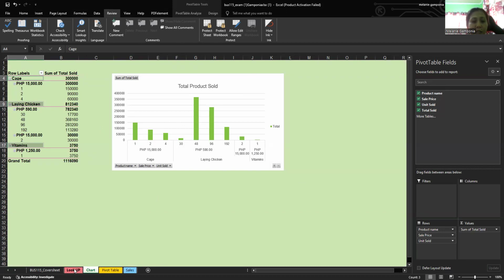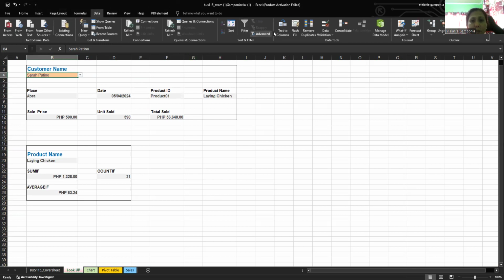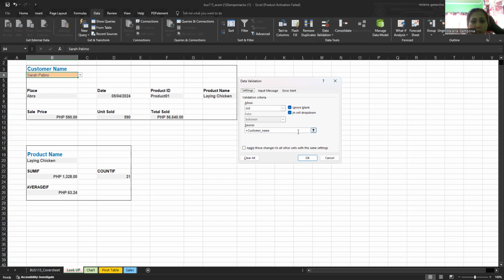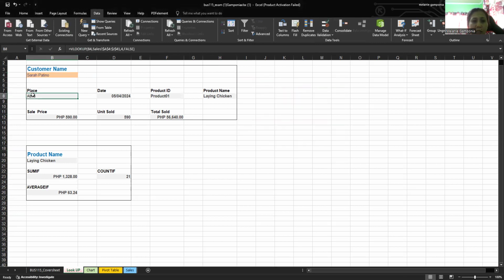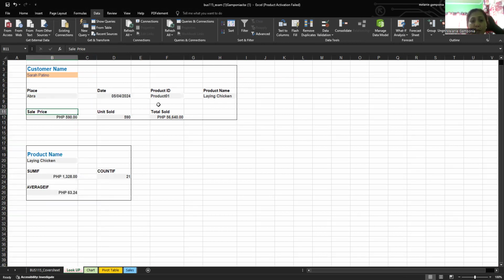Next are the lookup sheets. In the lookup sheets, I made a data validation of the customer names. Then I had a lookup of the place, date, ID, product name, sale price, units sold, and total sold.